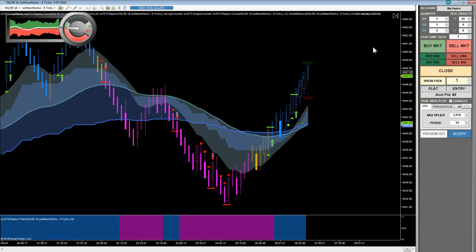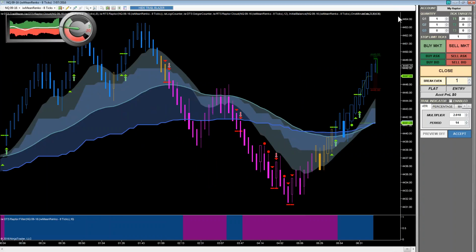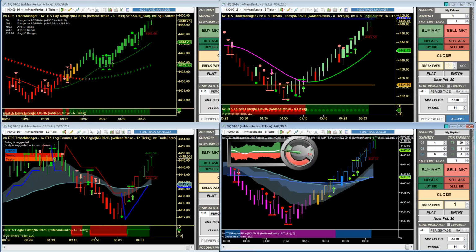Possible cloud crossover signal here on the Raptor. Hopefully they're not going to run too far before they give us a chance to get in there.